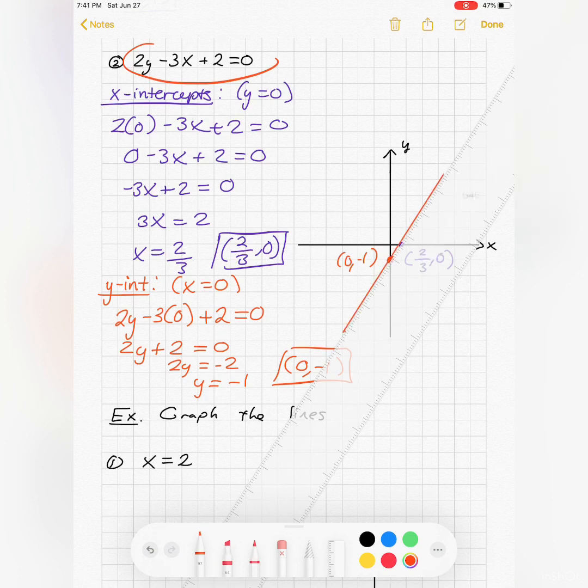And then connect the 2 points with a line. And there it is.